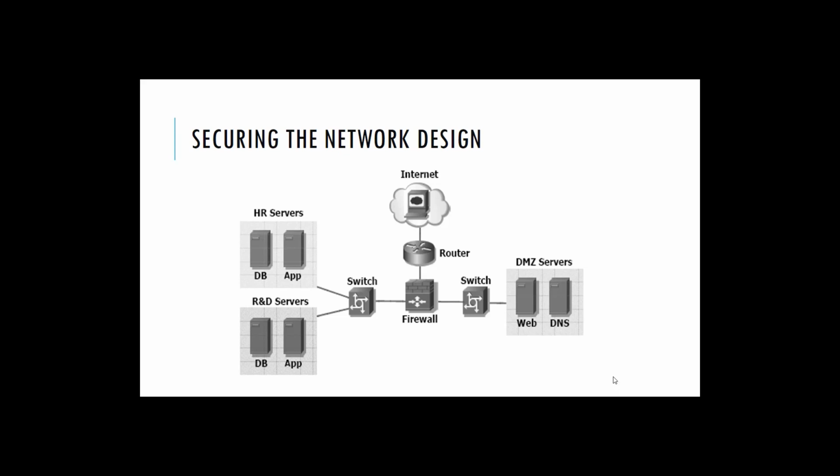This section, the DMZ section, is usually composed of the web, the mail, and the DNS servers and other servers that need to be published to the internet. Of course, we can see here the router that connects the whole network to the internet and switches that compose the local area network of the organization, and the firewall.